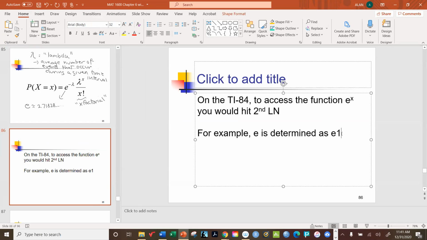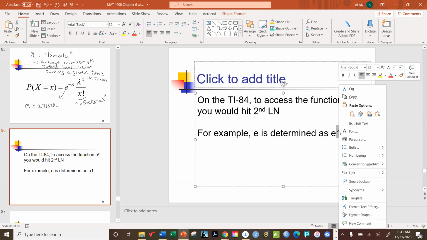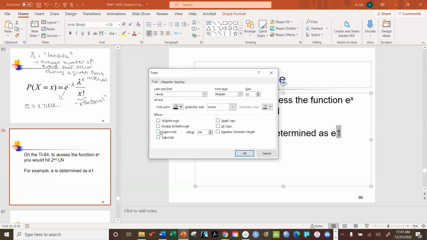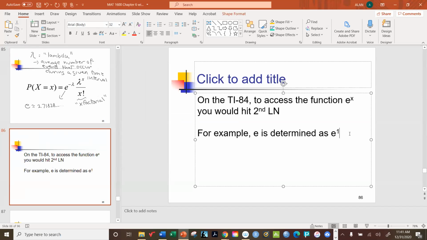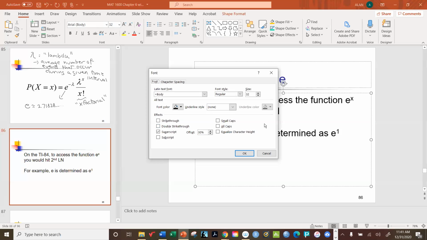If you want to remember what e represents, what you would actually do is go to the calculator and type in e to the first power.